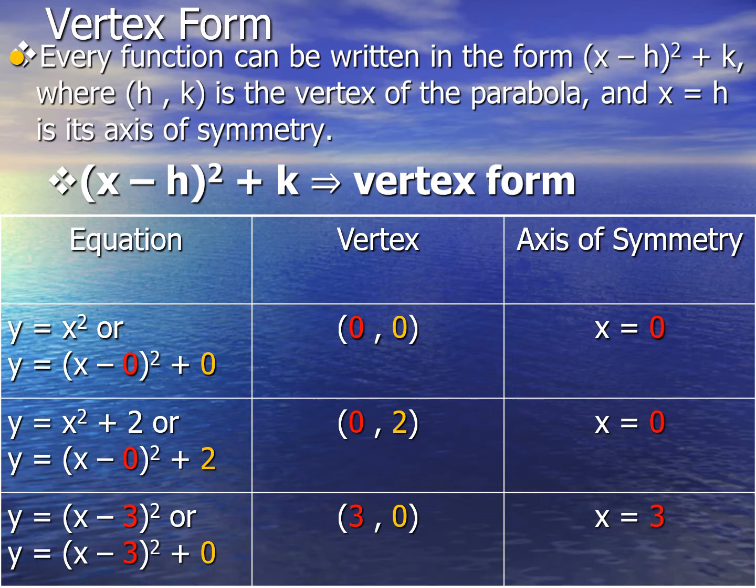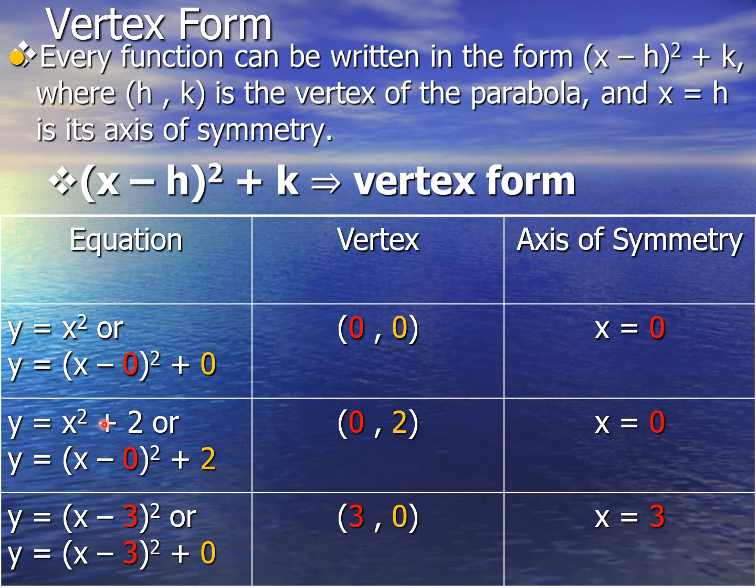So from here, if we have the equation y equals x squared, using the vertex form, it is in the form y equals (x minus 0) squared plus 0. So the value of your h and k is equal to 0. So the vertex is (0, 0), and the axis of symmetry is x equals 0.